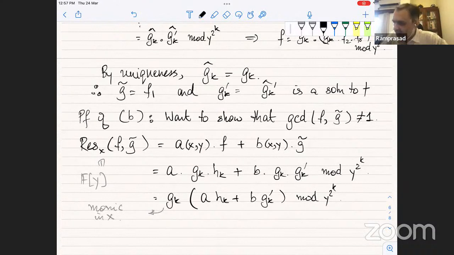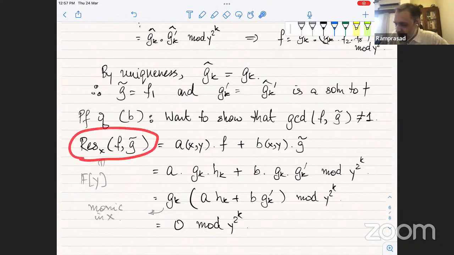The only way is if this was equal to 0 mod y^(2^k). The only polynomial that can be a multiple of a monic polynomial and still be a polynomial in the Y variables alone is the zero polynomial. So we are almost done. What we now know is that this resultant is divisible by y^(2^k).